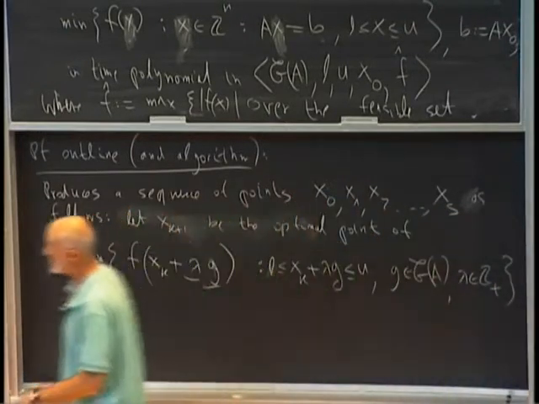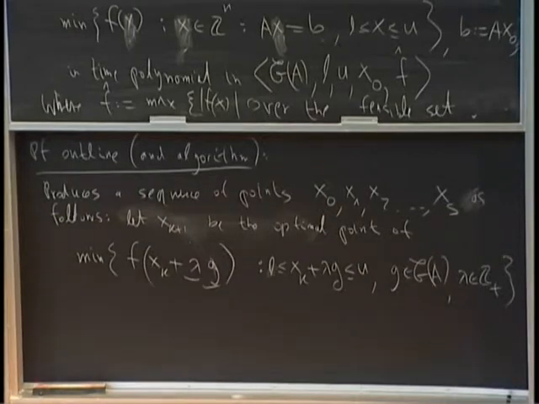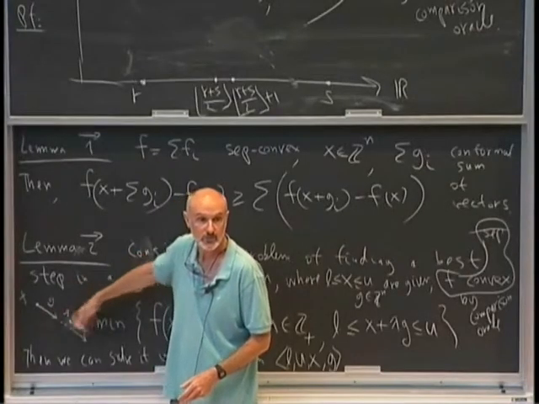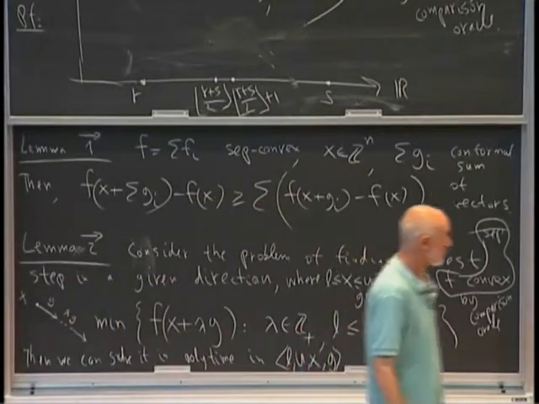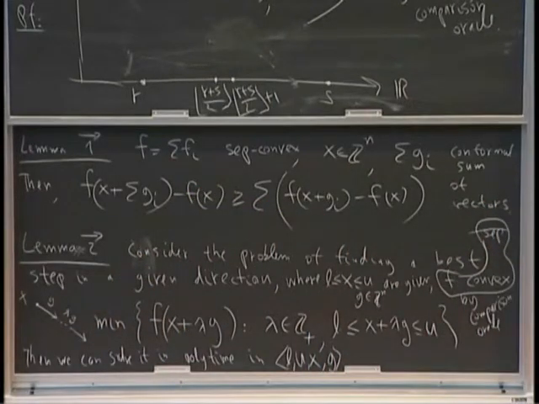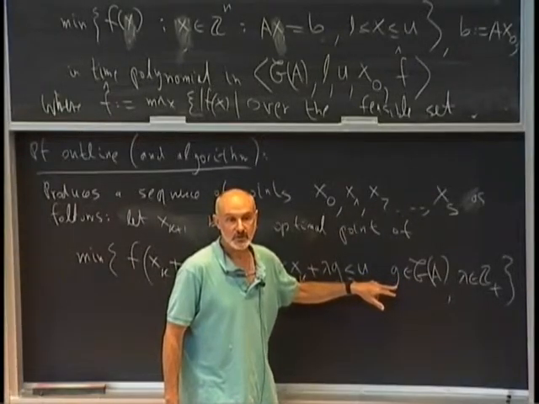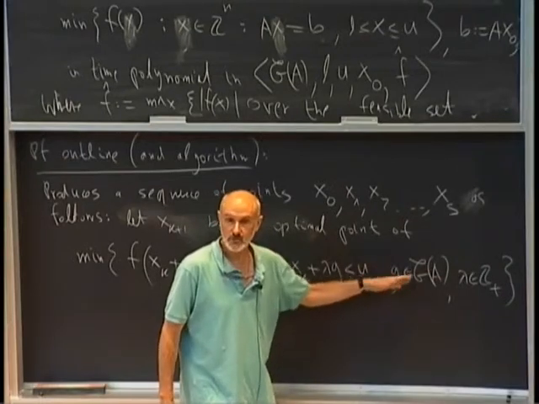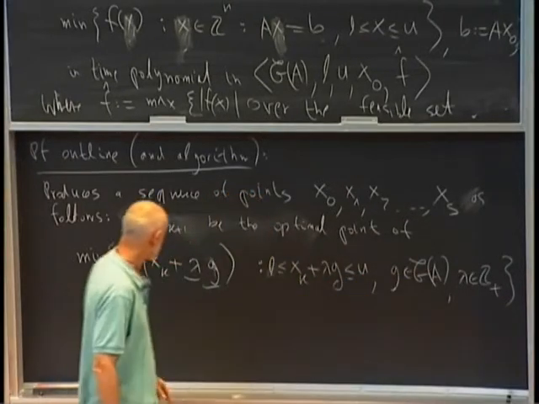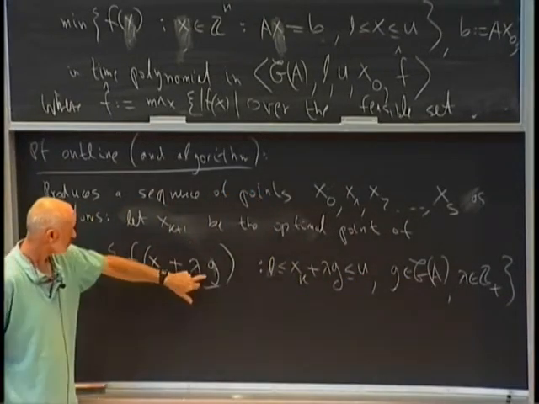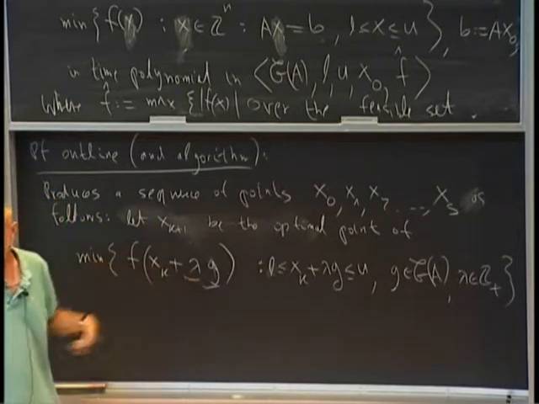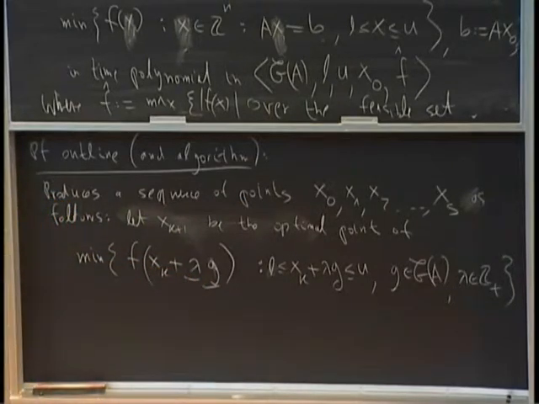I'm at a point, and I choose some direction from the Graver basis, and I want to choose how far to go. The Graver basis is given, so I simply do it once for every element in the Graver basis. For each one, when I plug in the specific g, this becomes the step minimization problem we mentioned before.